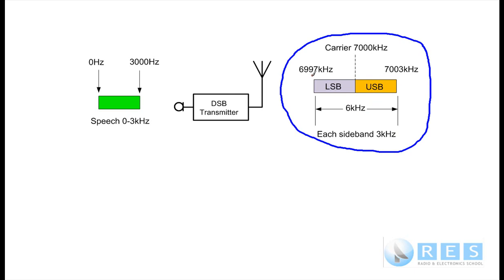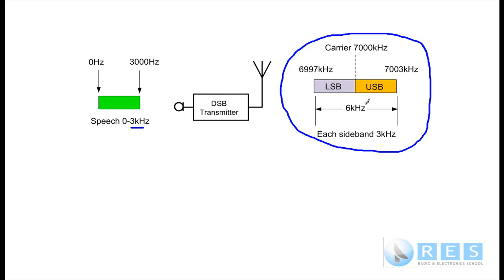It goes from 6997 kilohertz, which is 3 kilohertz down from the carrier, to 7003 kilohertz, which is 3 kilohertz up from the carrier. So all we've done is converted our voice frequency range to a pair of radio frequency ranges, and in double sideband full carrier we still have the carrier there.